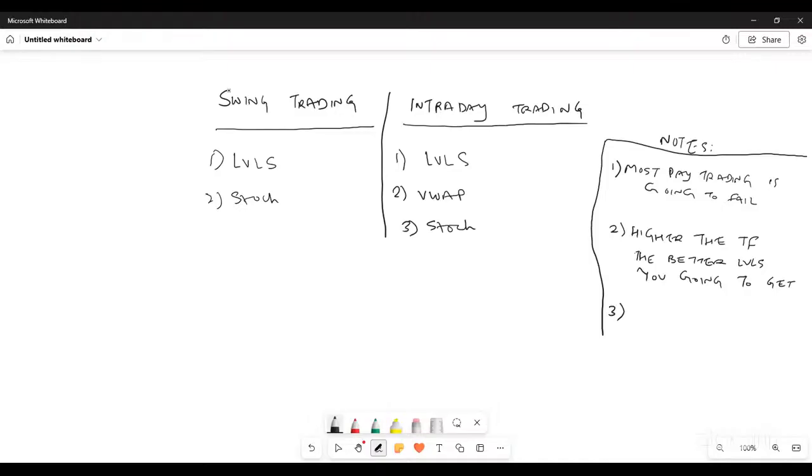If the price is below VWAP, most likely the price is going to stay below the VWAP. Now, this is only true for the intraday. There will be days where you will see the price keep touching VWAP multiple times. That's a chop. That's range bound. This is where the VWAP really works nicely.